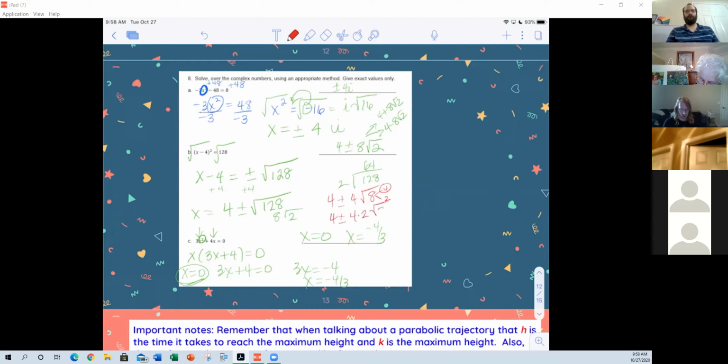And the other 2 has to stay under the radical, right? Yes. So you should still get 4 plus or minus 8 root 2. Does that make sense? Yes. That's a real good question. When you look at what's under the radical, make sure there is no perfect square still inside of that number. Thank you.